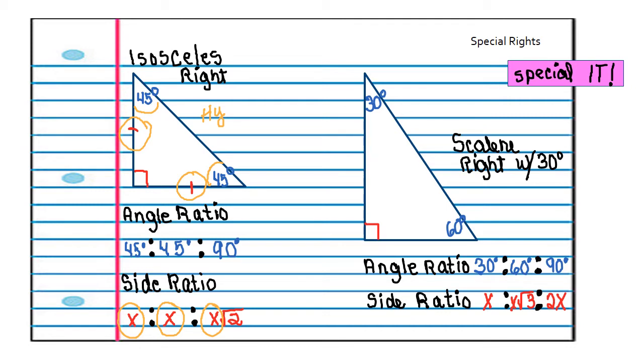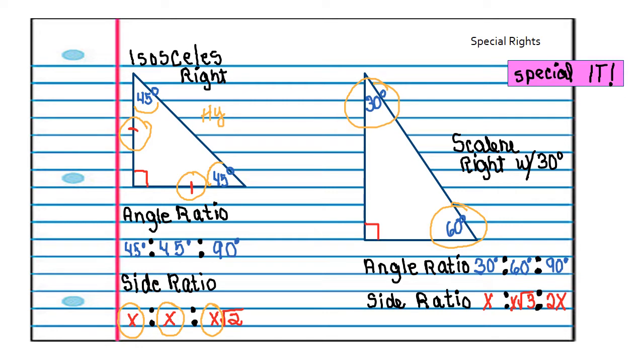On a scalene right with a 30-degree angle, and it can have either 30 or 60, because the 2 angles inside of a right triangle always have to equal 90 degrees, is a 30, 60, 90. That's what we call it.